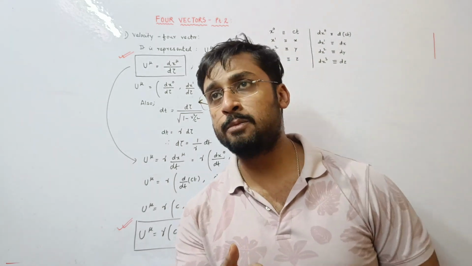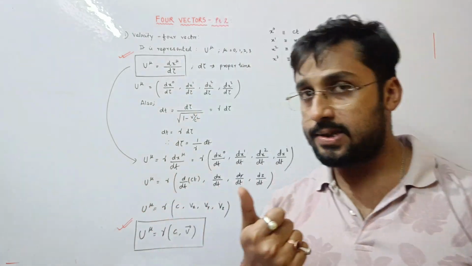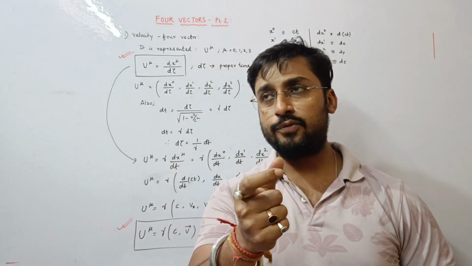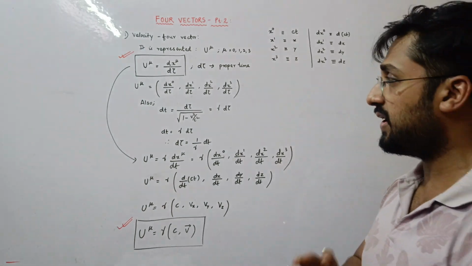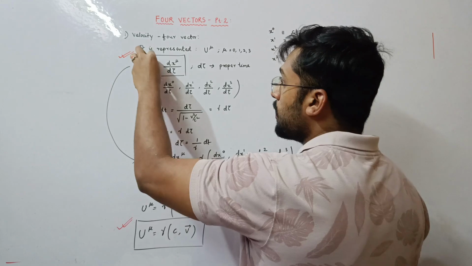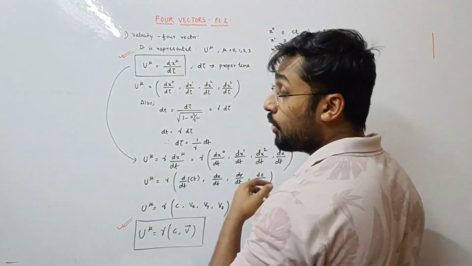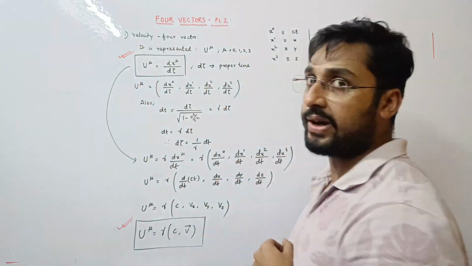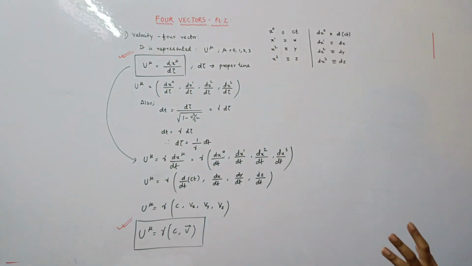The first is that it must obey a transformation rule or transformation equation, and the second is that it must have an inner product of two four-vectors which is a constant. So my intentions are very clear: I want to check whether this quantity u mu, which I am calling the velocity four-vector, is really a four-vector. Are you getting what I am trying to say?